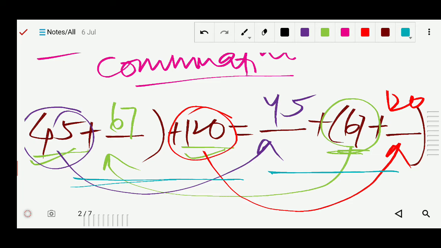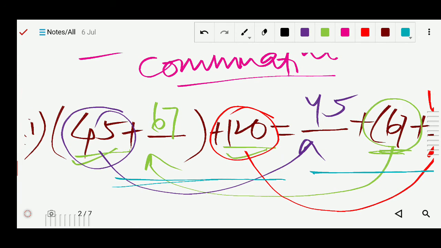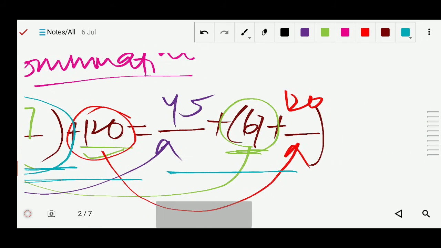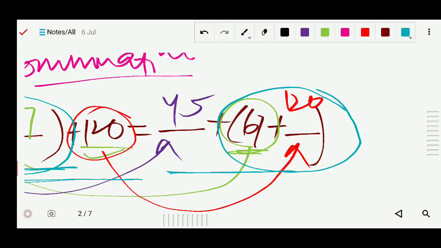Now which type of property is here? You can see there is a bracket. In this bracket we are making one group, and here also there is a bracket and we are making a group. So this grouping is called the associative property. This is about the associative property.